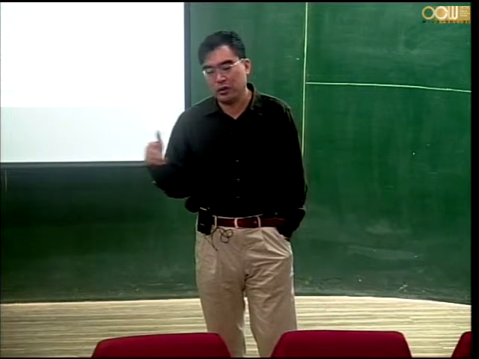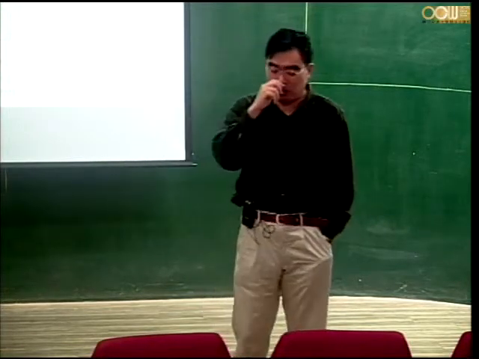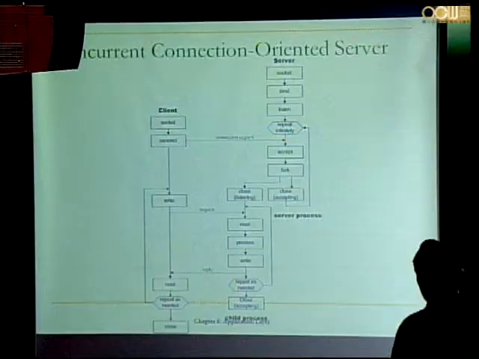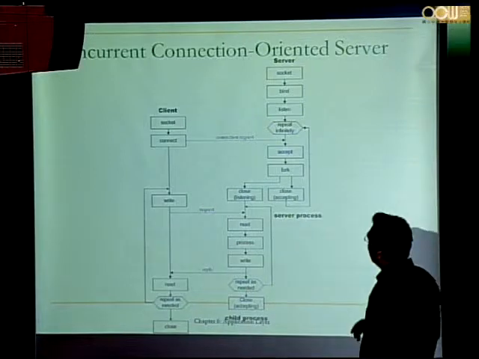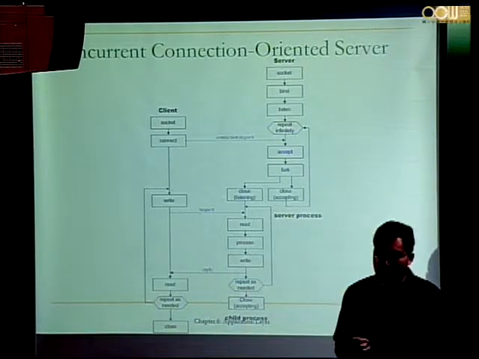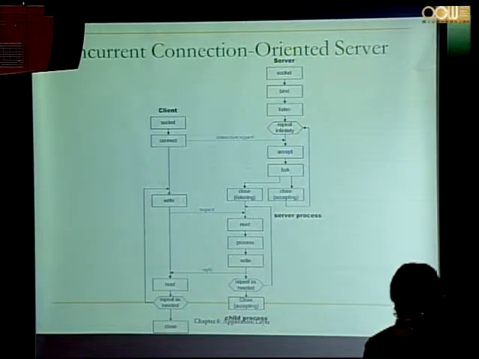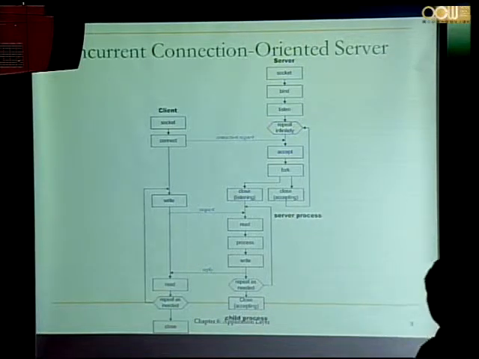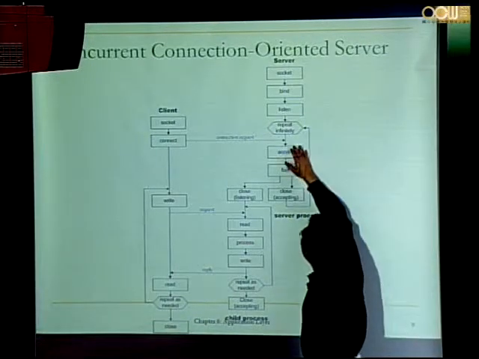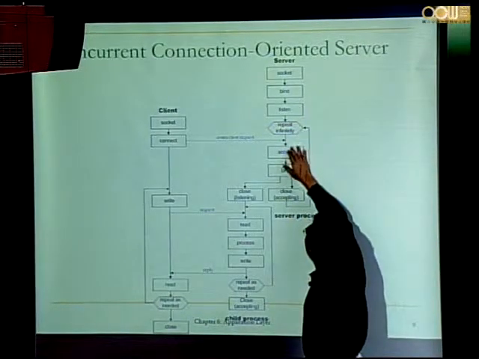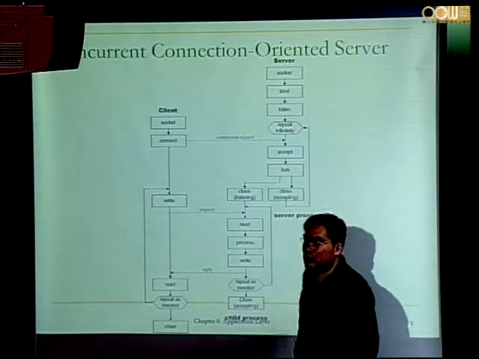There will be two connection queues: one is the incomplete connection queue, and one is the complete connection queue, to prepare for the TCP three-way handshake. And then it enters an infinite loop, and the first function to call in the infinite loop is accept.